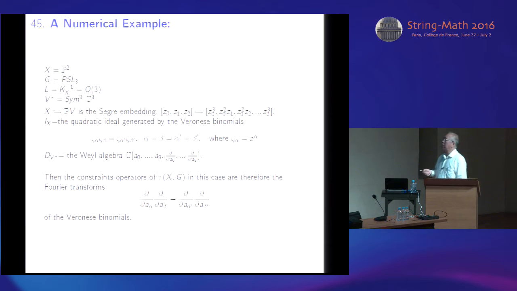In the case P^2, we have the group G equal to PSL_3, L is equal to O(3), and V star is the symmetric product of C^3. And we have a Segre embedding given by this. And so the I_X that we mentioned earlier can be described by this, and D_V star is the Weyl algebra here. Then the constraint operators that we mentioned earlier are simply this set of operators.